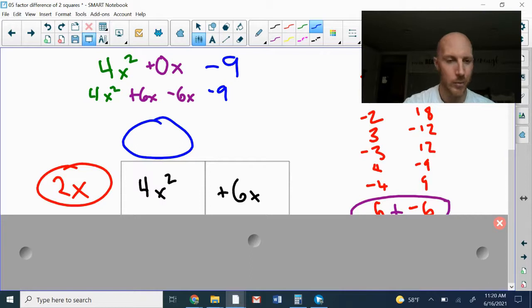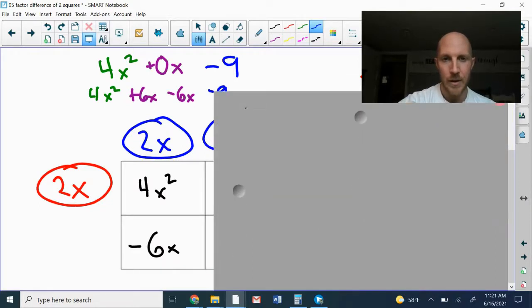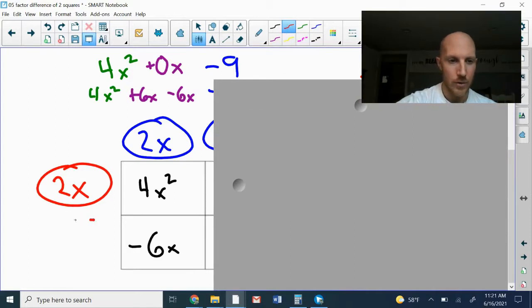All right, so that red 2x multiplied by what will give me 4x to the power of 2? Well, it'd have to be 2 multiplied by another 2 to get the 4, and that red x multiplied by another x to give me x to the power of 2. All right, next box. That red 2x multiplied by what will give me the positive 6x? Well, I have to multiply by positive 3. And let's do this last one over here.